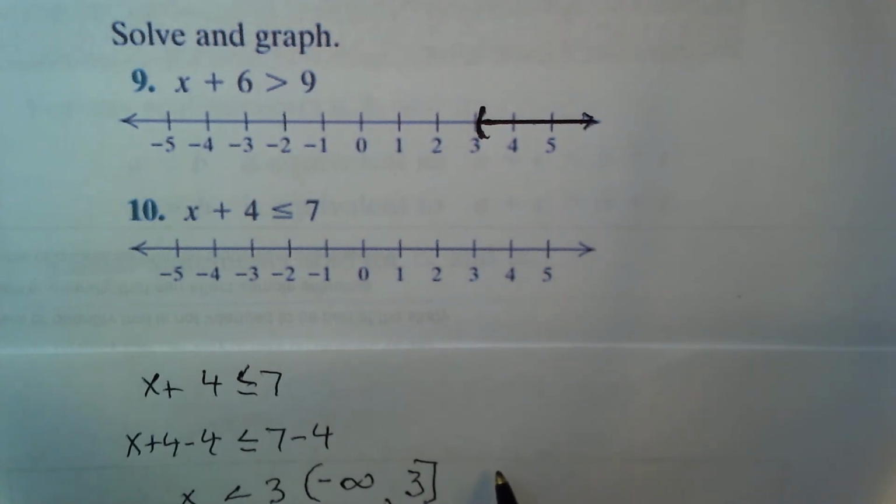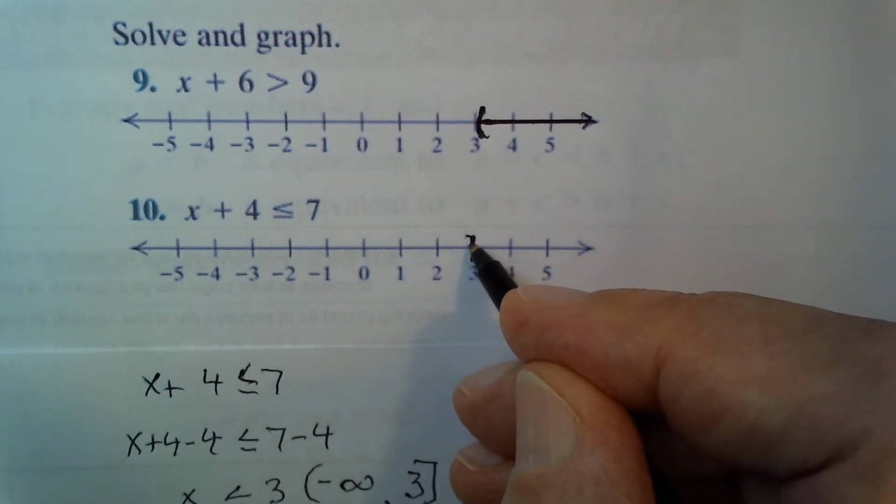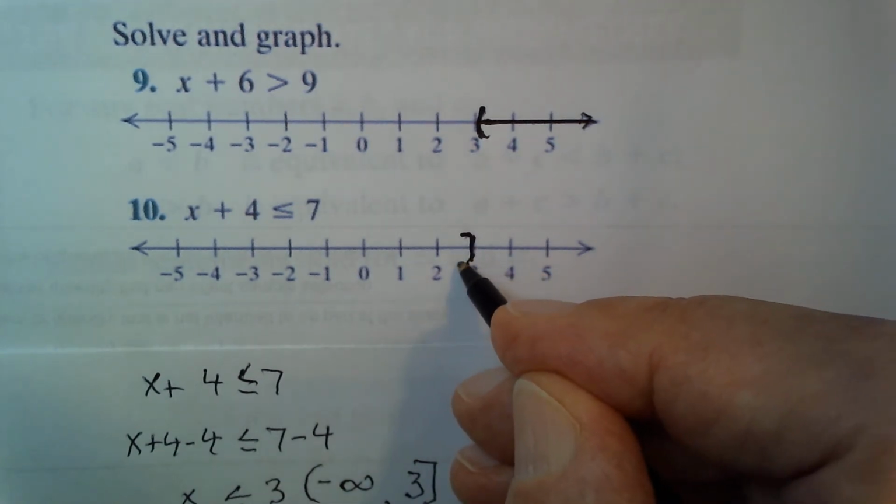And in set notation, it would be the set of all x such that x is less than or equal to 3. So that's set notation. And for the graph, we just use this graph paper here.